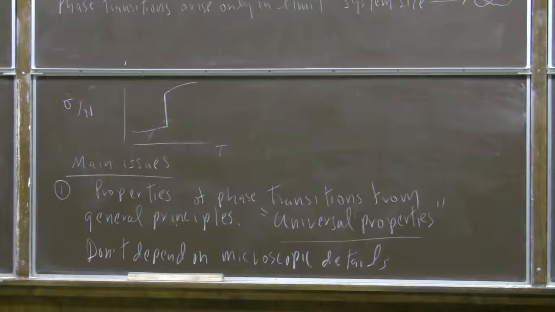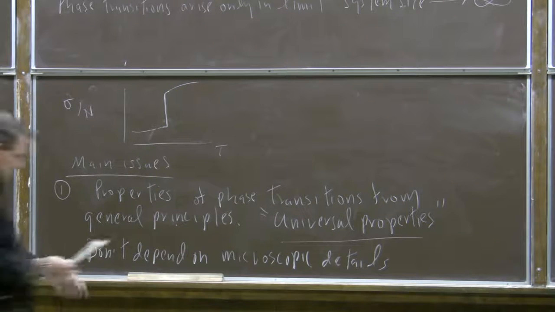But you might also be interested in the things that do depend on microscopic details. For example, maybe you have a formula for the Hamiltonian of water, and you'd like to compute from first principles the temperature at 1 atmosphere pressure at which water freezes.